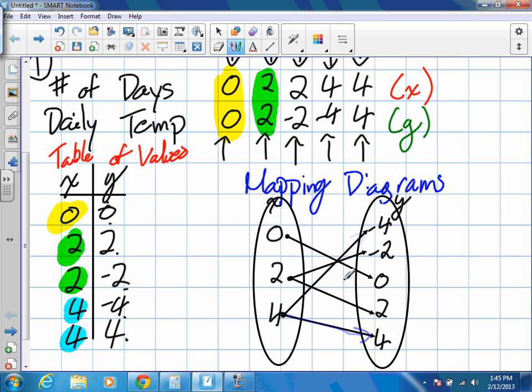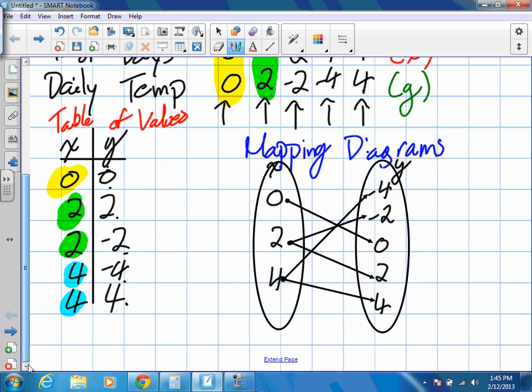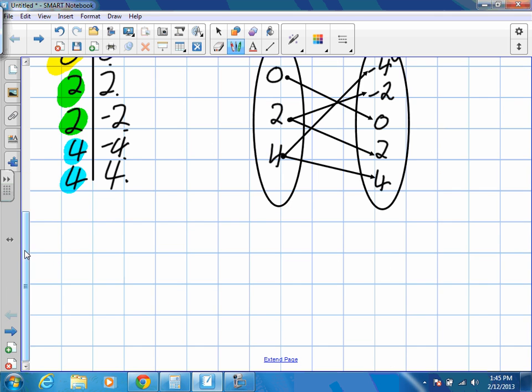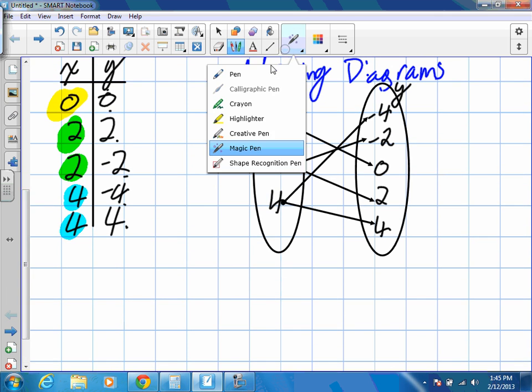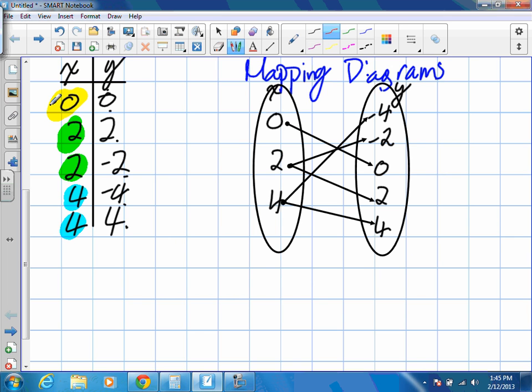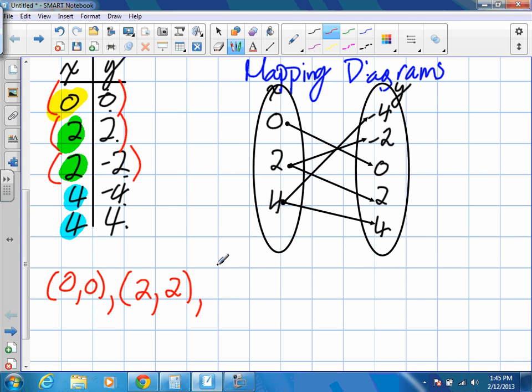And the next way we're going to focus on is the actual coordinates themselves. Those are very simple to look at. We really just have to take the table of values and write them out. 0 and 0, that's one coordinate. 2 and 2 is another. 2 and negative 2. 4 and negative 4, and finally 4 and 4.